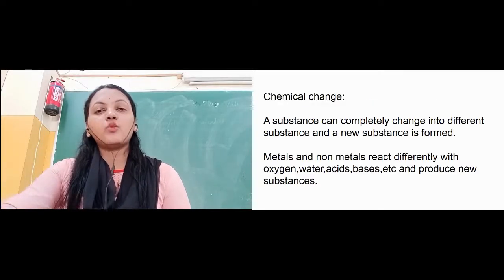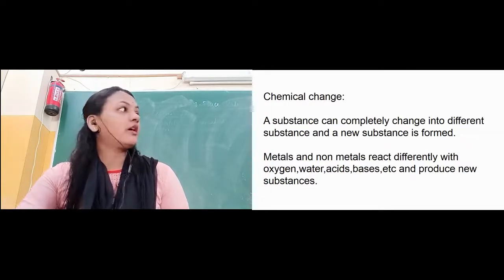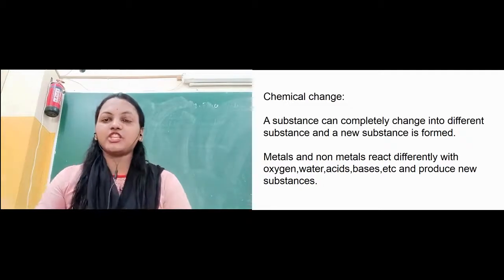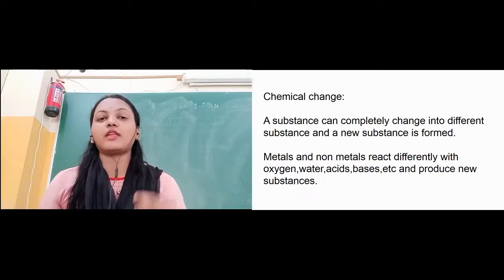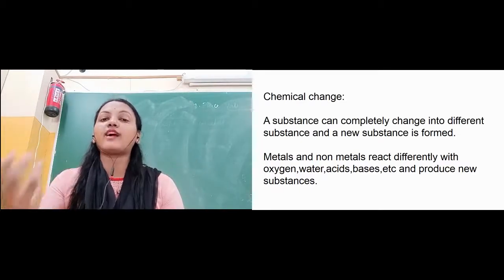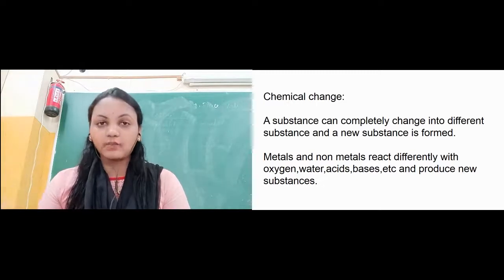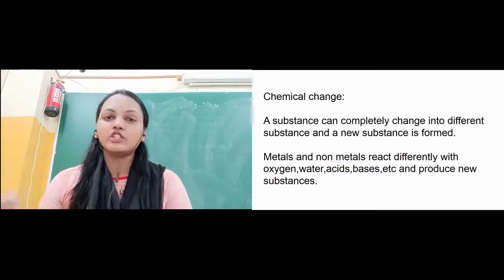So what is a chemical change? The change in which one substance reacts with another to give a totally new substance having different chemical properties. We call this particular change a chemical change.